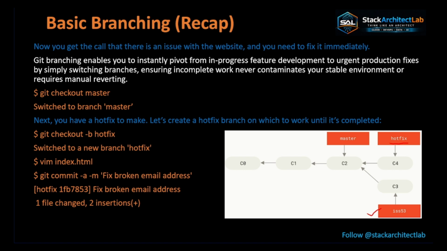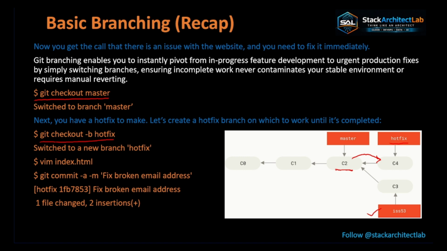But what we need to understand about Git is, I will not lose my work. Whatever I was doing in the ISS 53 branch will remain safe. As soon as I do git checkout master, I will come back to the master branch. From this master branch, I can again create one more branch, and that branch, as you can see here, is the hotfix branch, which we have created.